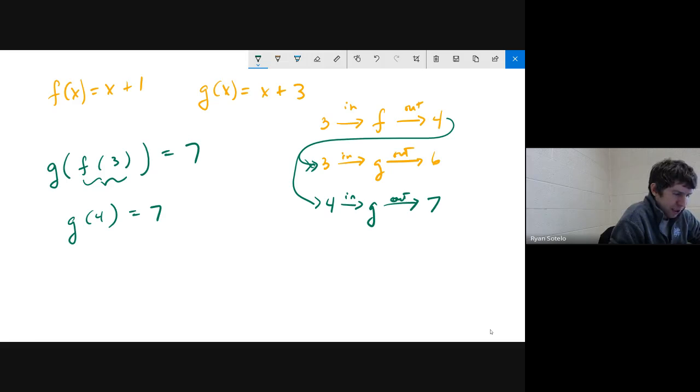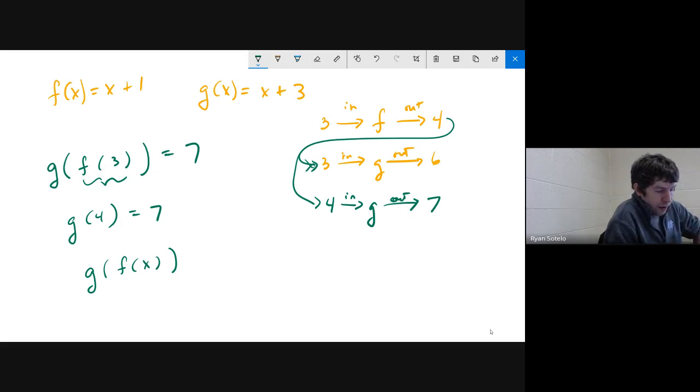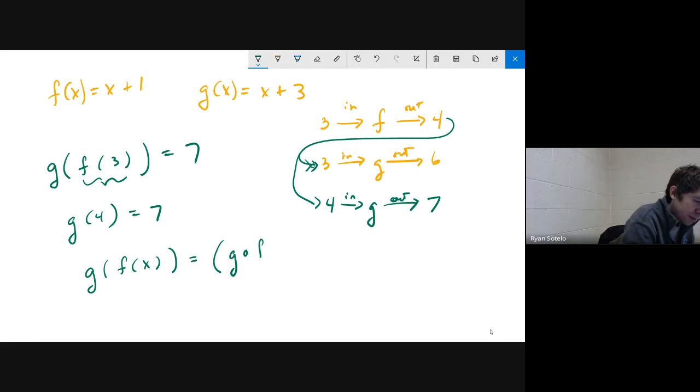That's called a composition. You can write a composition like this, g of f of x. That's one way to write a composition. The other way is using this little open circle. So you could say g circle f of x.